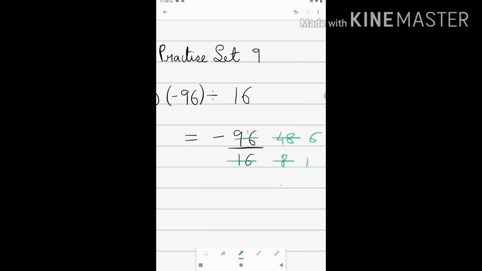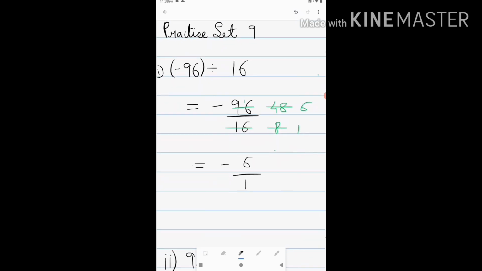Whatever remains now has to be written down in the next step. So I will write what remains here. First I'll look for plus and minus. Now numerator is minus and denominator is plus. Minus and plus is minus. You have already done rules in the other videos. And what are the numbers that are remaining? 6 upon 1.